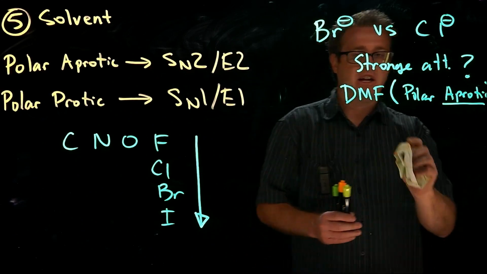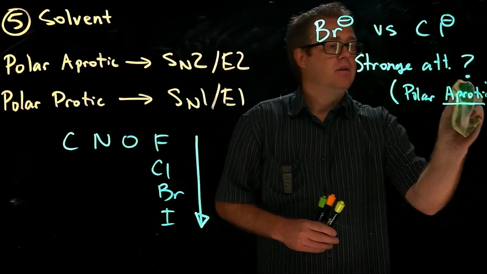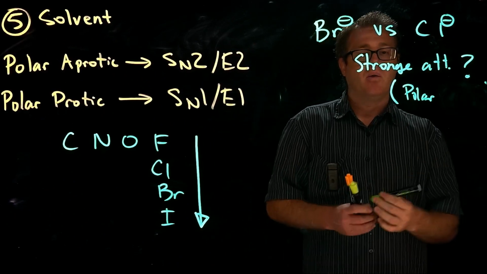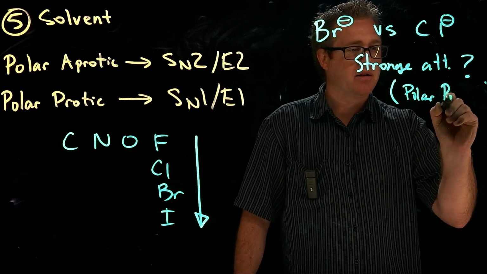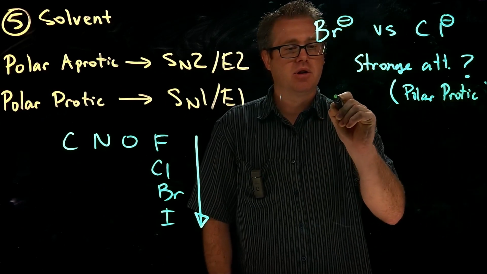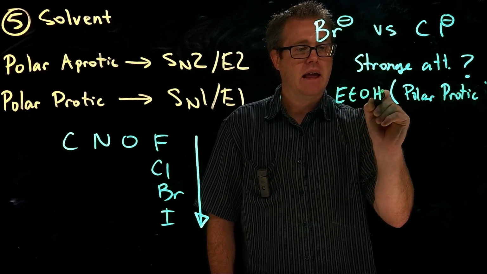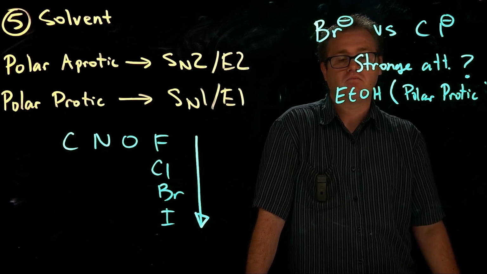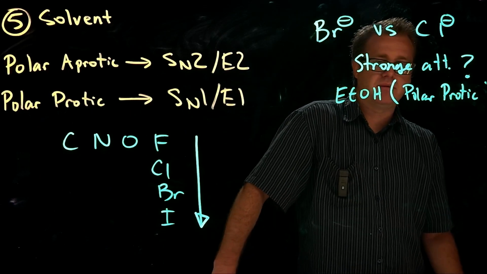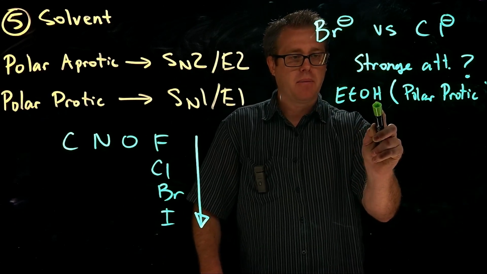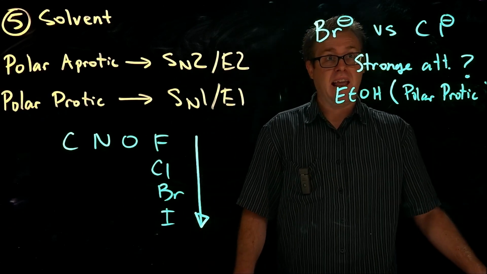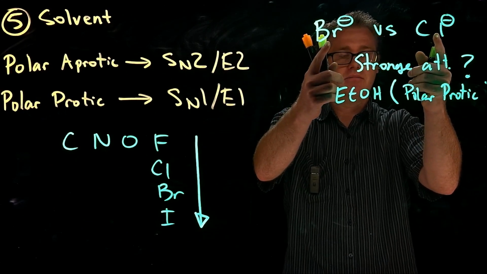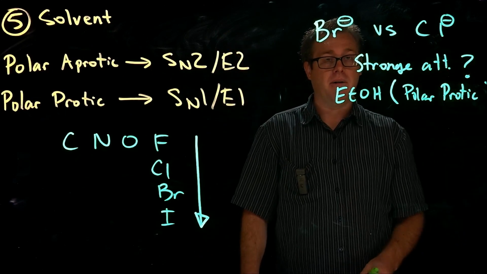Now, let's change it up. What's going to happen to the strength of these attacking species when we change the solvent to polar protic? So let's put in ethanol. What's going to be the stronger attacking species? Now let's think about the principles here. That's polar protic, so those do solvate anions very, very well. And we have two anions right here, so they're going to be solvated very well.